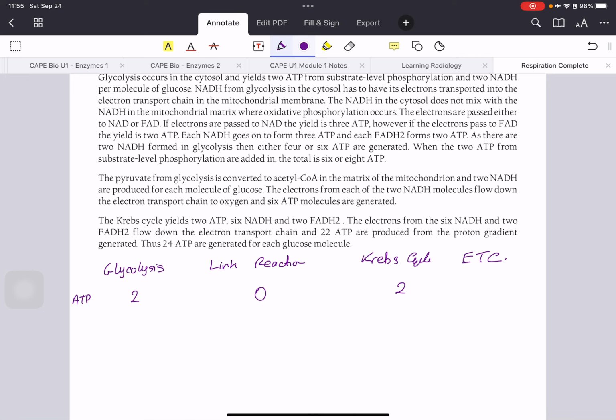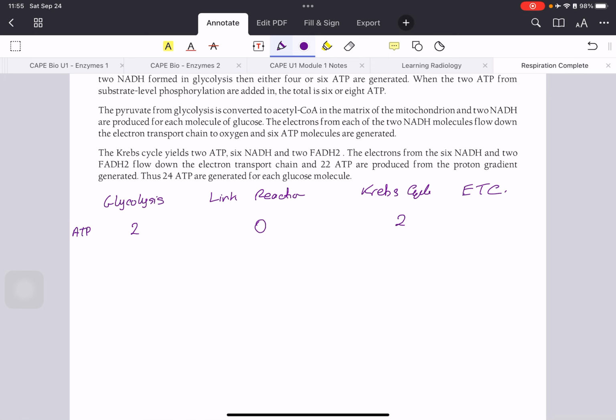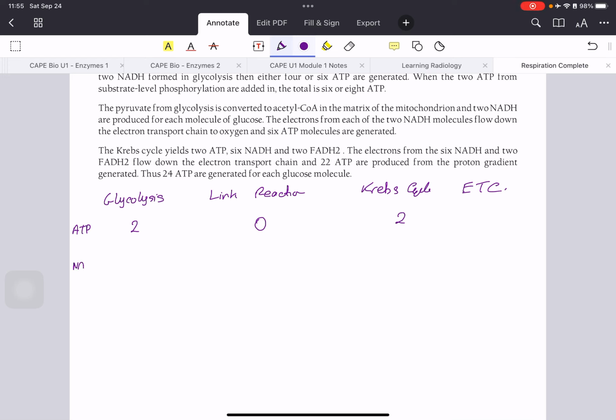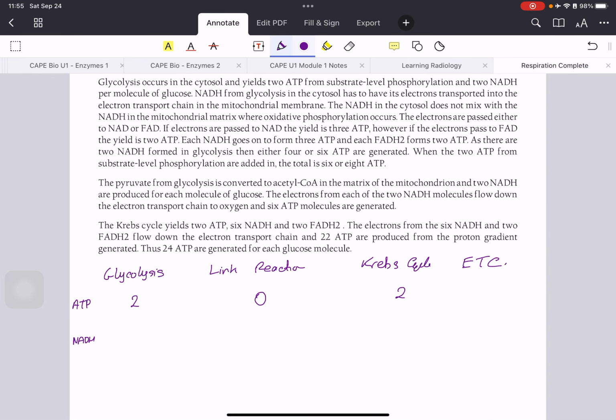And in the electron transport chain, well, it kind of depends on the amount of NADH and FADH2 molecules there. So we'll leave that out for now. Let's take a look at the NADH molecules being produced, and then we'll calculate the electron transport chain, right? So in glycolysis, we actually have a good bit, right? So let's see how much we have in glycolysis.